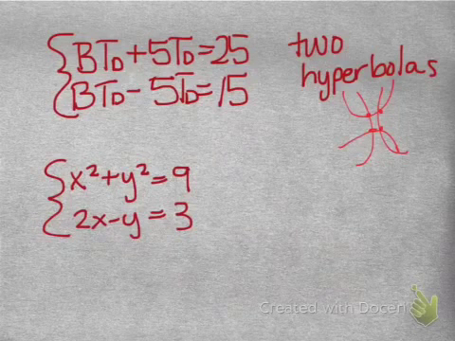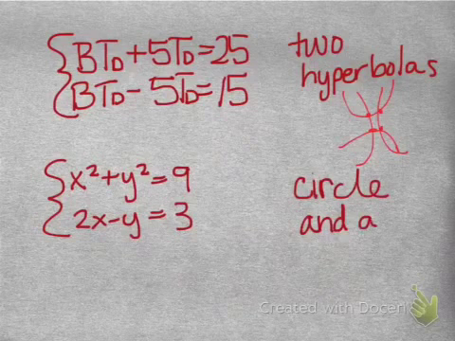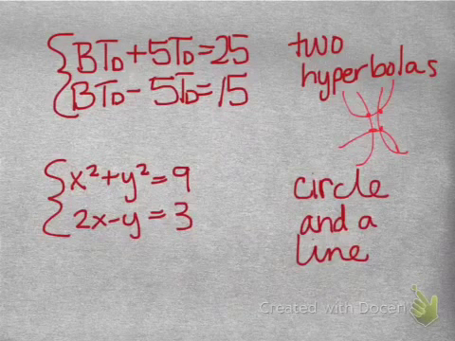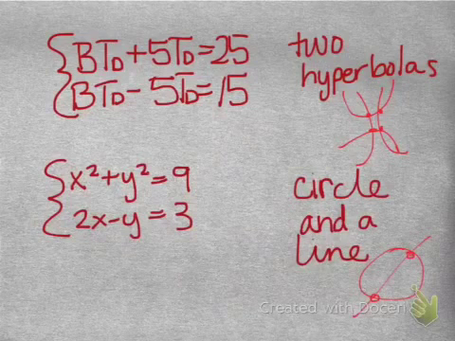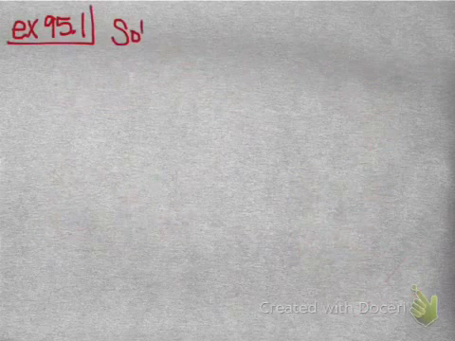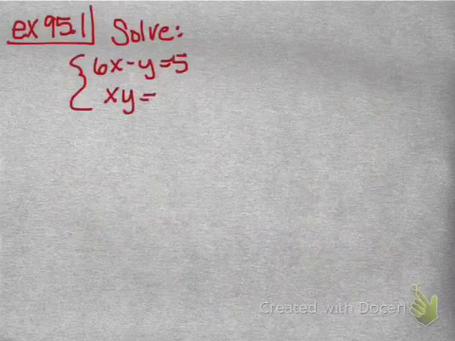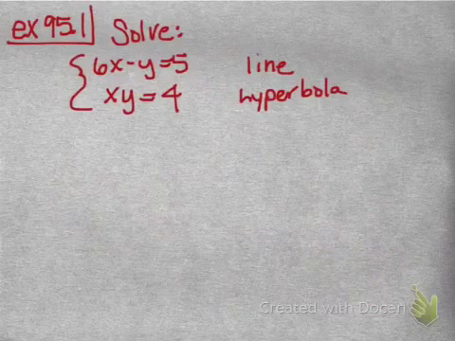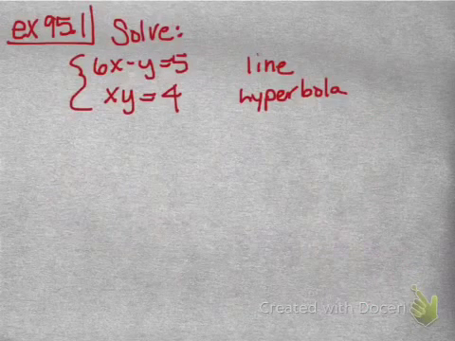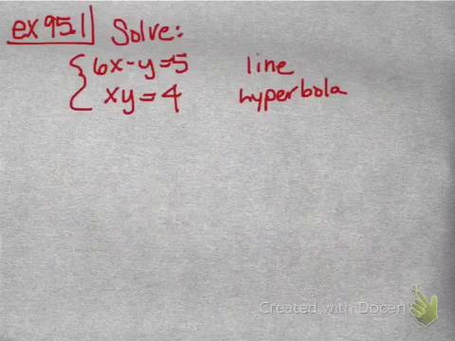The second one is a circle and a line. If you have a circle and a line, it's possible to have two solutions for that kind of situation. So we're just going to do some more practice with solving these systems of equations.